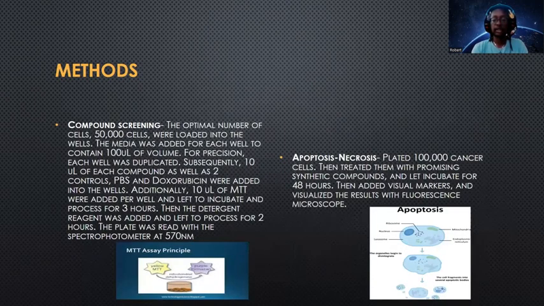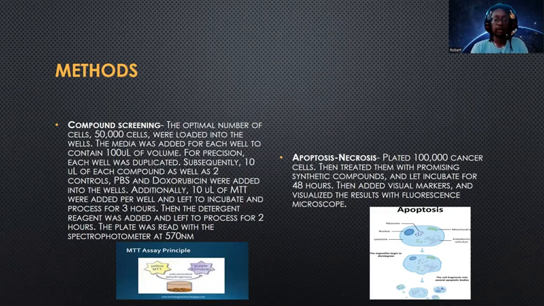So for methods, I utilized two assays. The first assay was compound screening, in which we had 30 different synthetic compounds, and we tested them against cancer cells to see how well they can kill cancer cells.